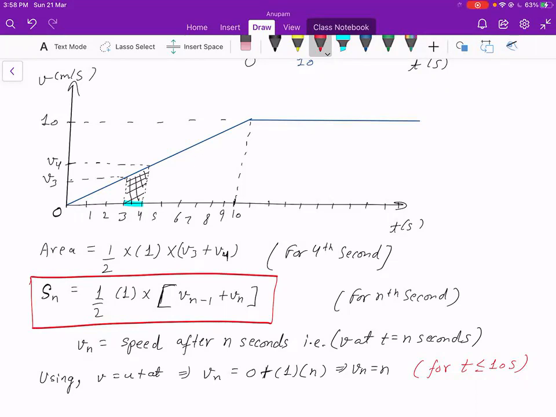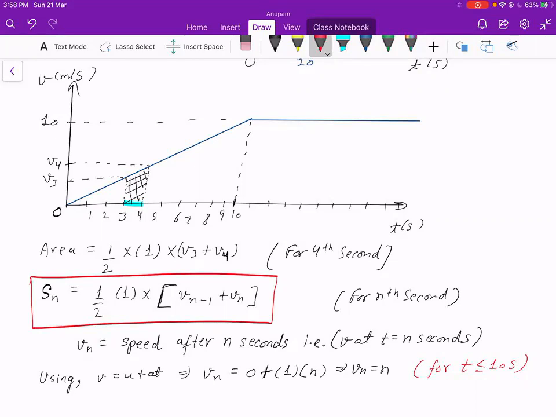So this formula for Vn is valid only for up to 10 seconds. Are you following? Which is kind of what you said indirectly, isn't it? So this formula is only valid till t equal to 10 seconds. So let's bear that in mind.